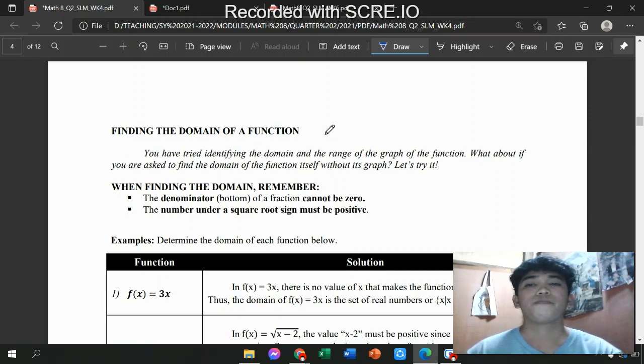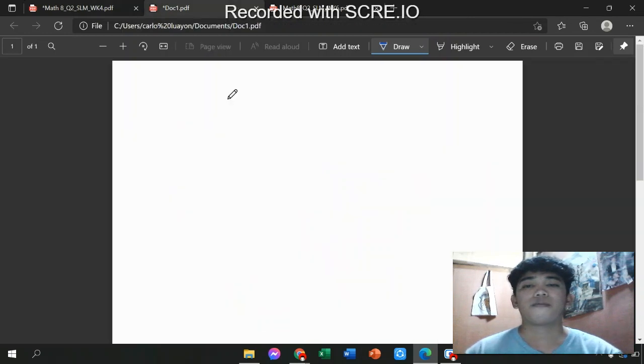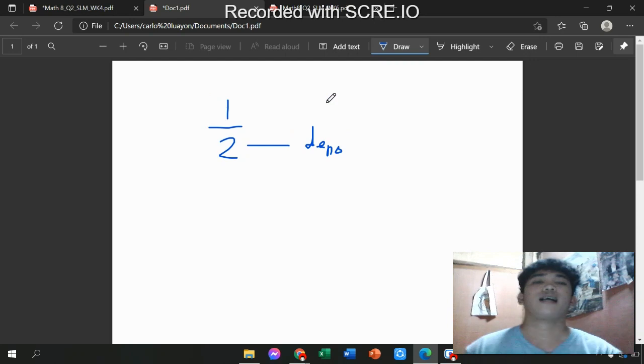For example, 1/2. Kaning number 2 mao na ang atong denominator. Then kaning 1 nasa ibabaw man na ang atong numerator.